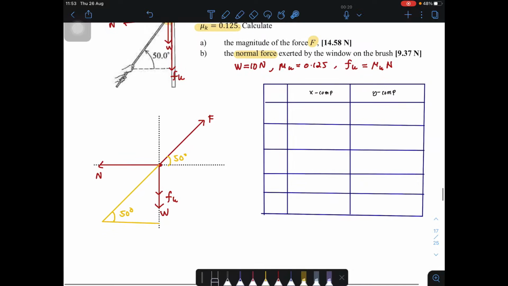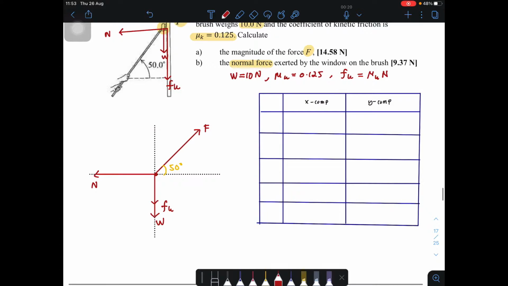Okay, so now lepas kita sudah melukis FBD, masukkan dalam jadual. So value yang kita ada dekat sini is W. So W ada, N tiada. This one we need to find. FK, do we have FK?